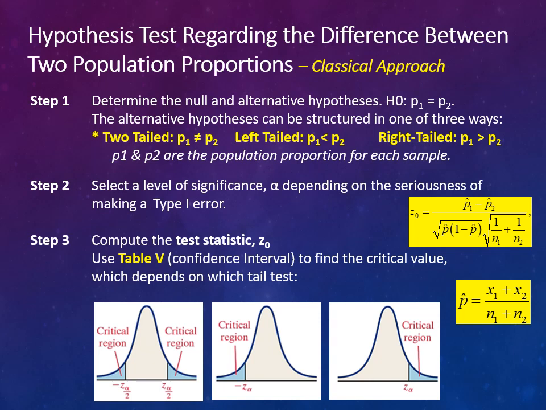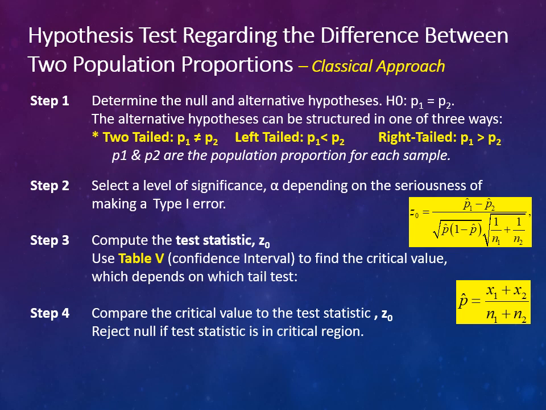In the left-tailed test, our critical value will be negative z alpha, and in the right-tailed test, it will be just positive z alpha. Once we find the critical region, we see if our test statistic is in that region. Remember that if the test statistic is in the critical region, that's when we reject the null hypothesis. And then, of course, the last part is stating the conclusion.